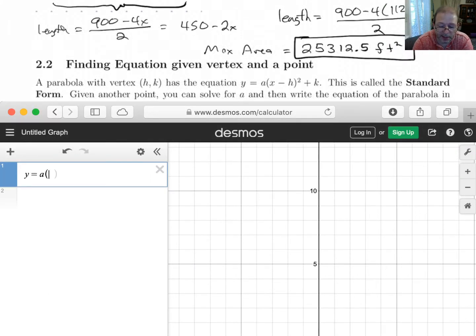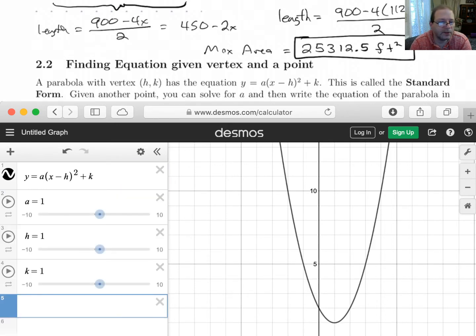y equals a times (x minus h) squared plus k. All right, if you look at that, h, k is the coordinates of the vertex. But also, this is a horizontal shift and this is a vertical shift.